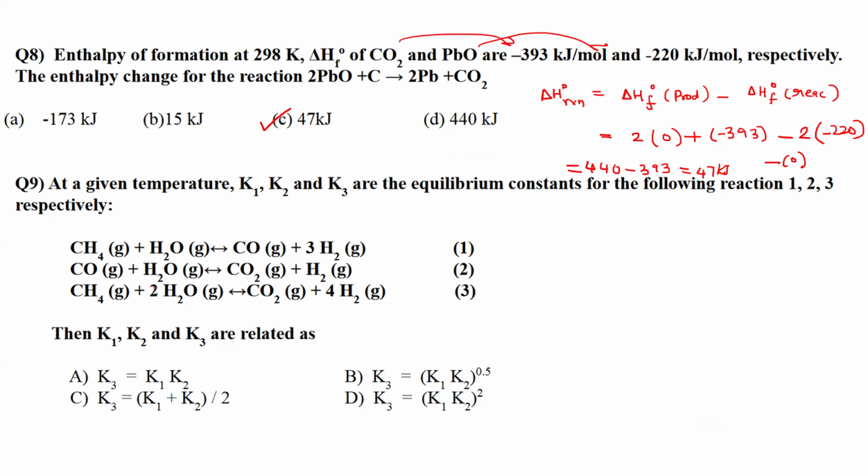So we have to look into how these three reactions are related. We can see 3H2 plus H2 gives 4H2. And we'll see how equation 1 plus equation 2 will behave.